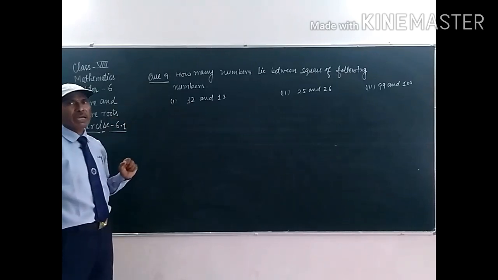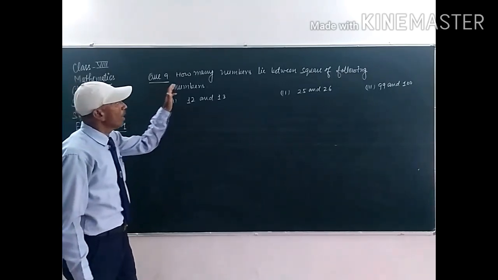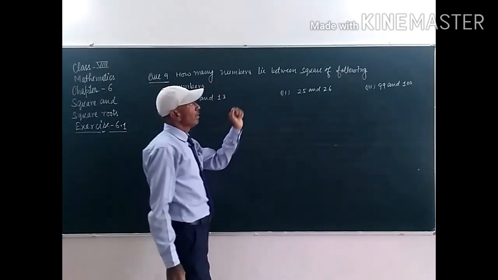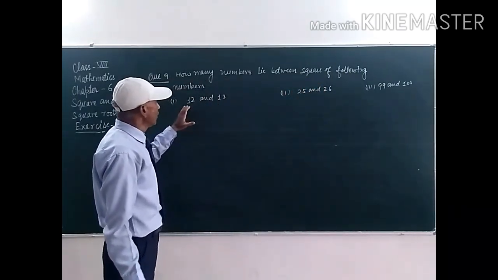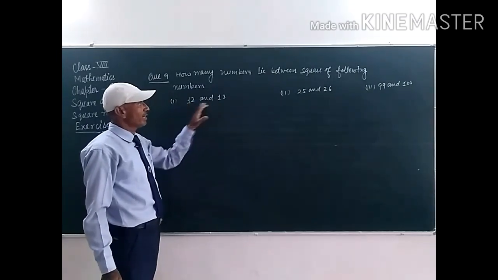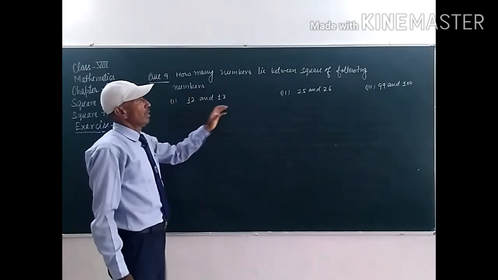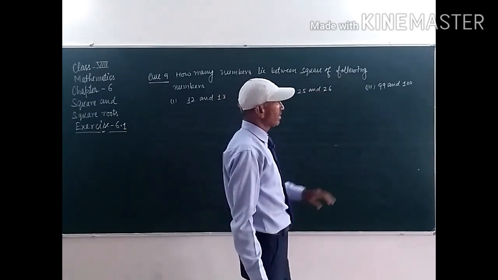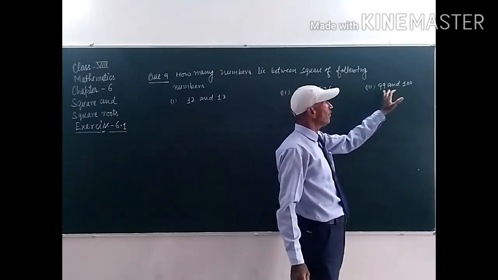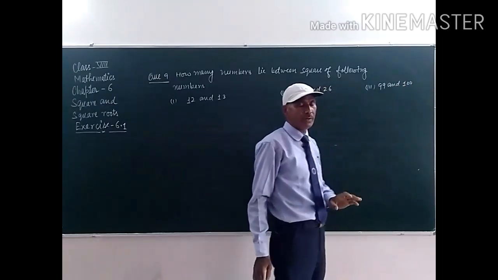This is question number 9, student, and in this question: how many numbers lie between the squares of the following numbers? Square of 12 and 13. In the second part, square of 25 and 26, and in the third part, square of 99 and 100.